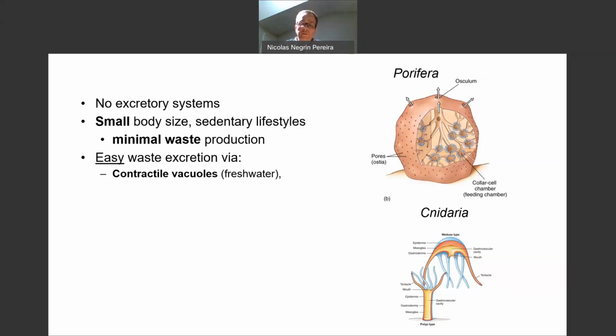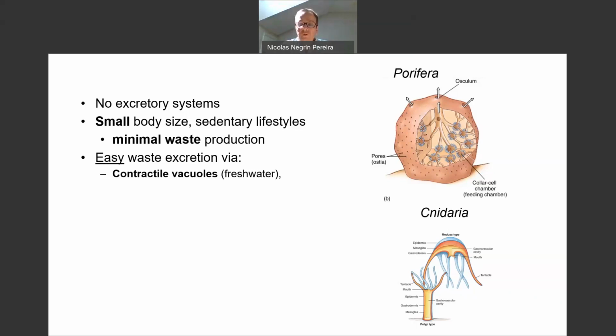So water will tend to get inside their bodies, as we saw in the first part of this lecture. The contractile vacuoles will grow as water gets into the organism, and when they reach a certain size, these vacuoles will eliminate this excess of water to the outside of the animal.